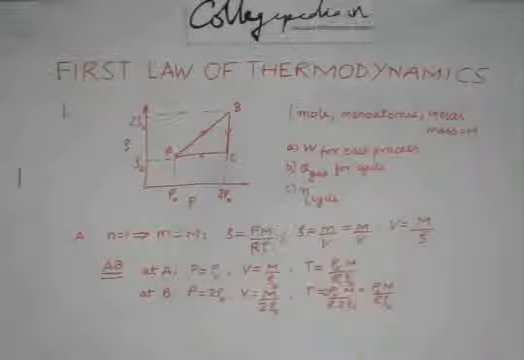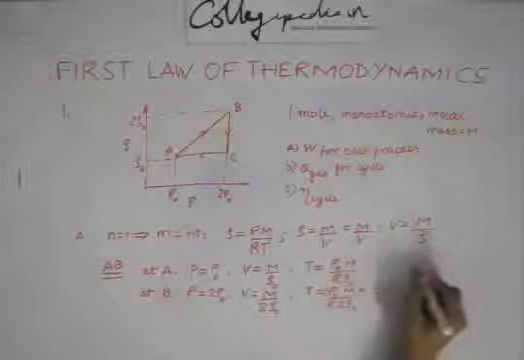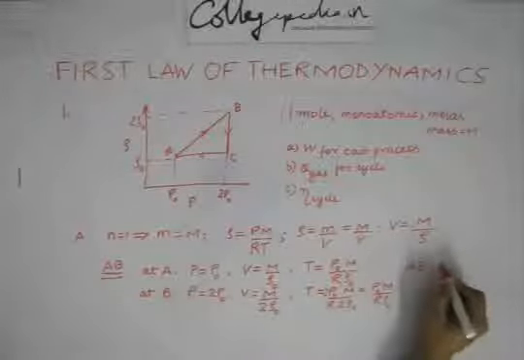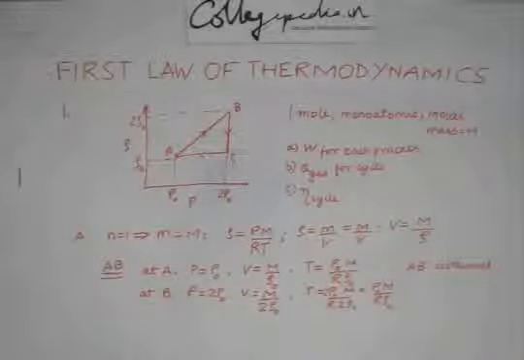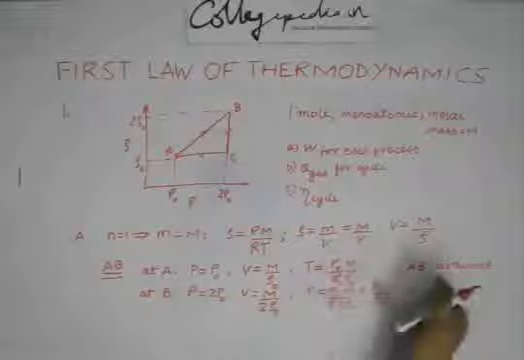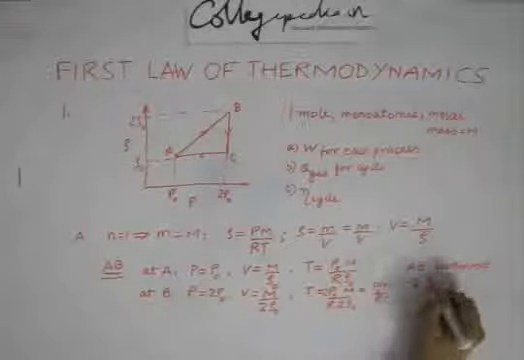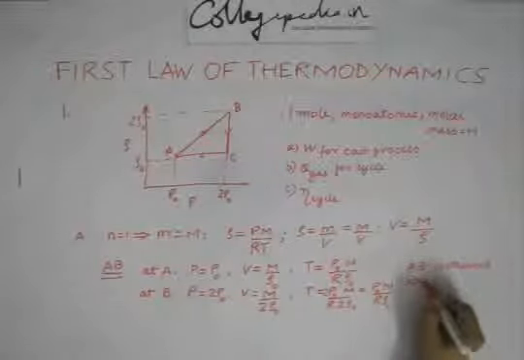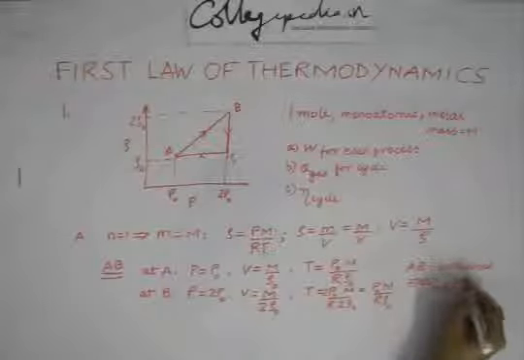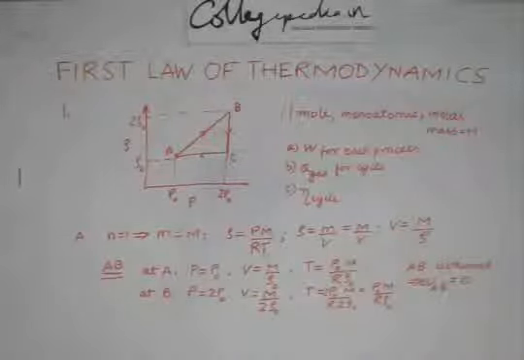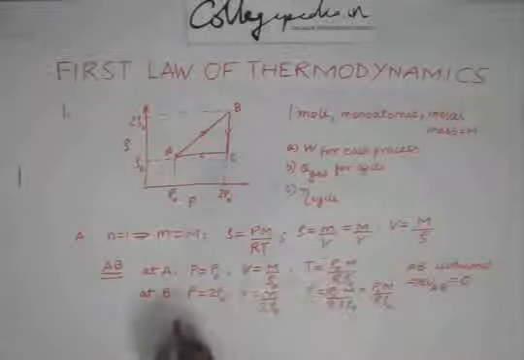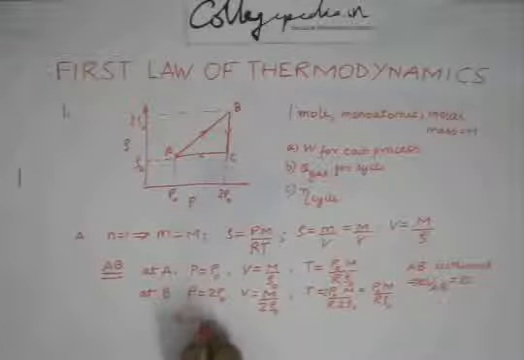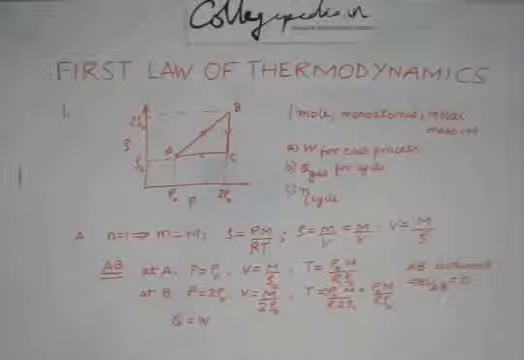So from this data you can say that temperature is constant, hence AB is an isothermal process. Because AB is an isothermal process, the internal energy change, delta UAB, is going to be equal to 0. Because of this, we can directly state that Q is equal to W. Our job now is to find out what W is. Let us find that out.